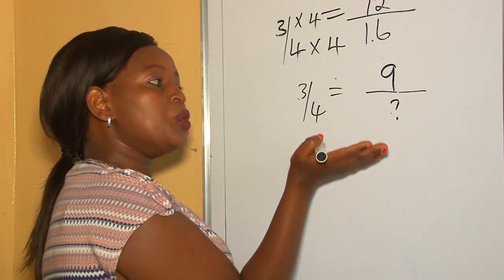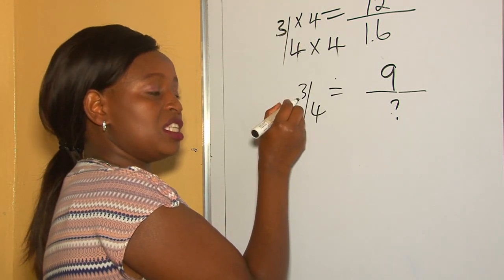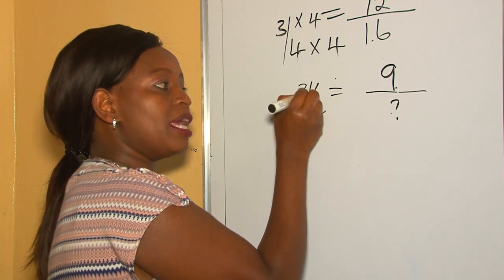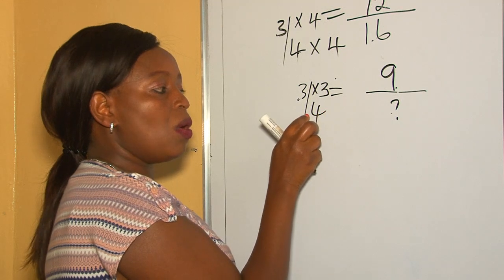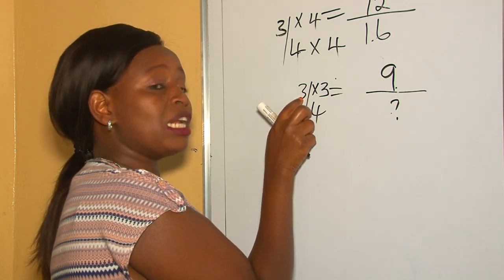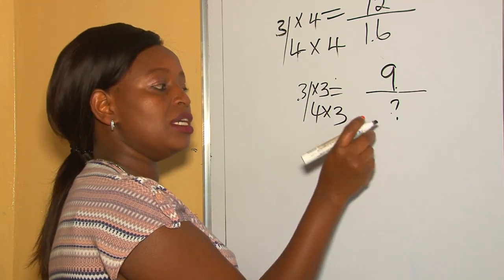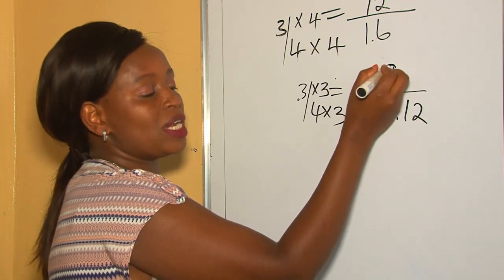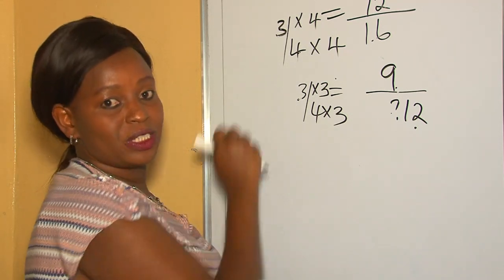Remember, whatever you do to the numerator should also be done to the denominator. So 3 was multiplied by 3 to become 9. Because we multiplied the numerator by 3, we also multiply the denominator by 4. So 4 times 3 becomes 12. So 9 over 12 is an equivalent fraction to 3/4.